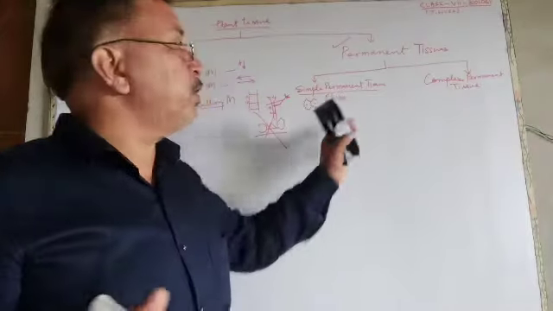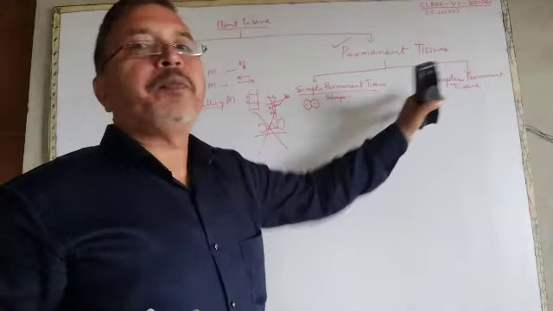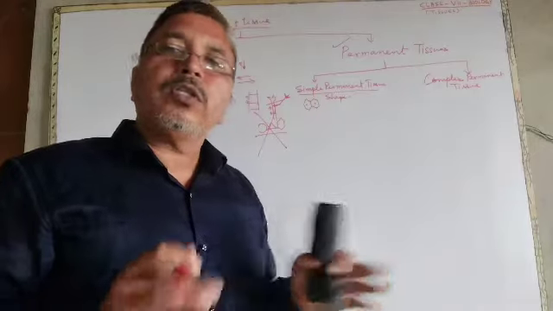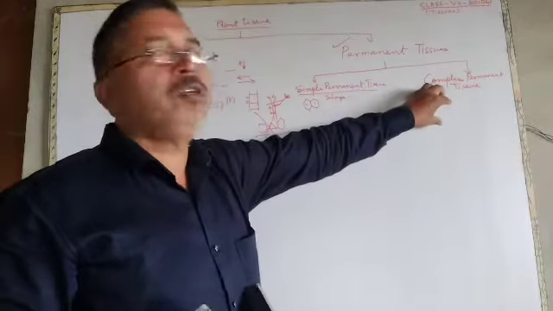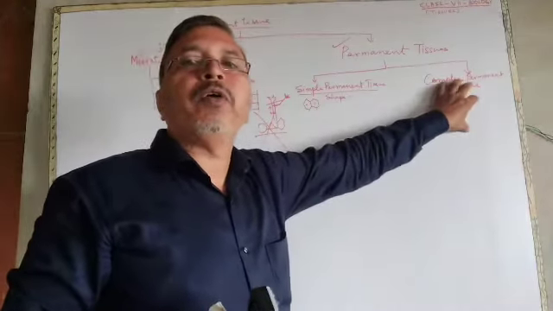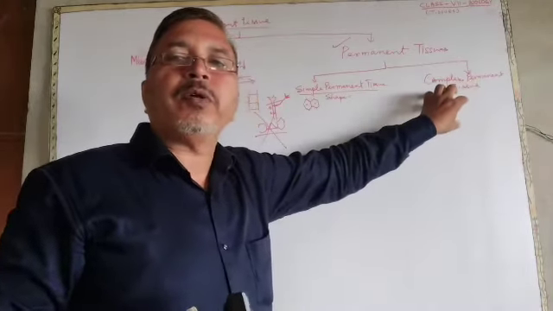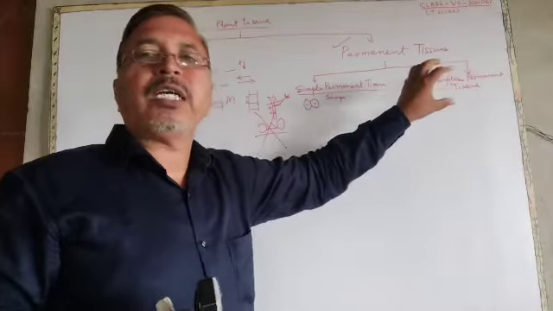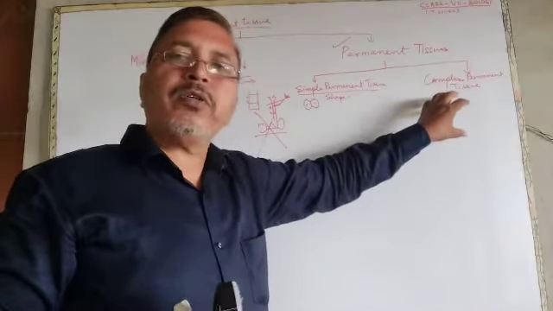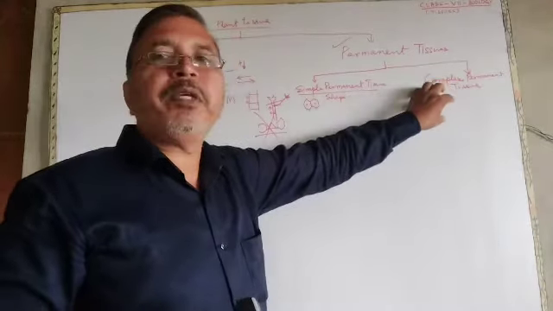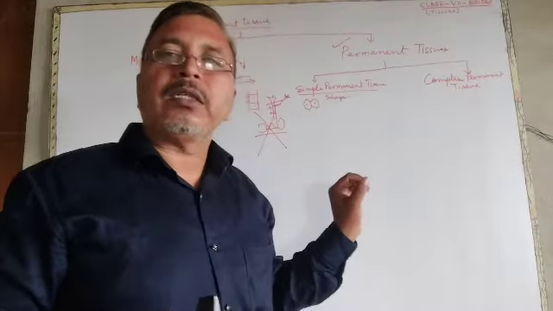But what is the difference? Here you see, in complex permanent tissue, the shape may vary. One cell may be spherical, another oval, another rectangular, triangular or cone shaped. The shape will change. Second, in the complex tissue, if one cell is living, the other may be dead.